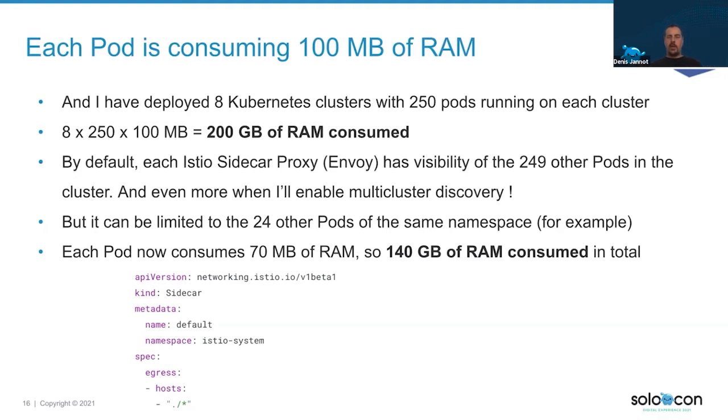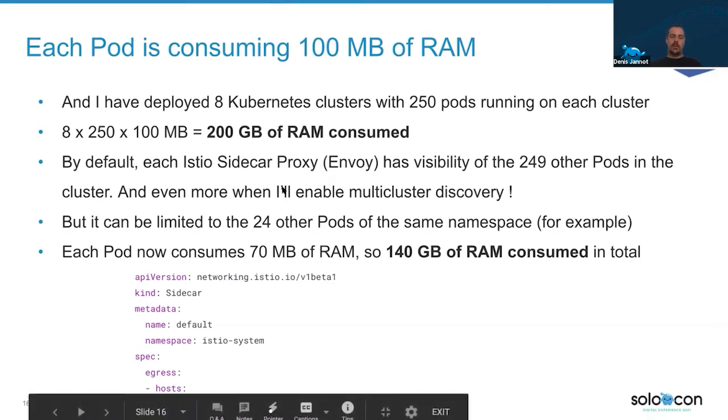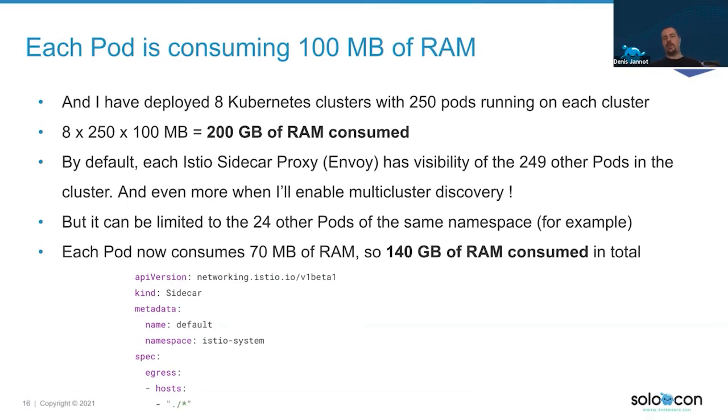And it would have been a lot worse, because the way you do multi-cluster communication is that you need to, first of all, have a discovery in place so that one cluster knows about the pods of the other clusters. That means each Envoy sidecar would have had visibility of 2000 pods, right? In terms of memory, it would have been a nightmare, and I would have needed like a terabyte of RAM. It would have been crazy.